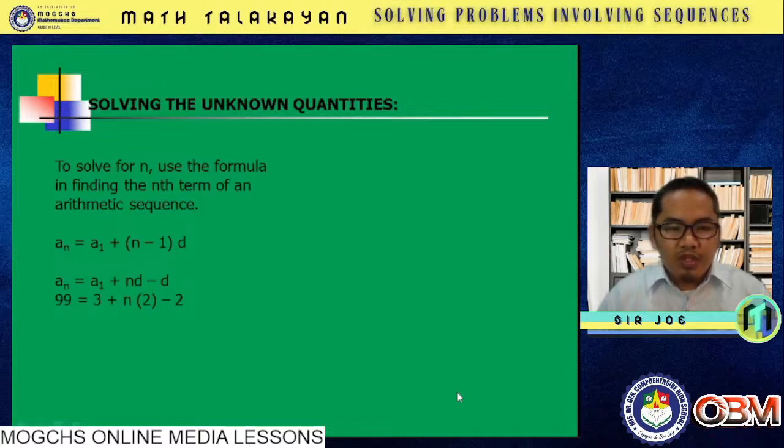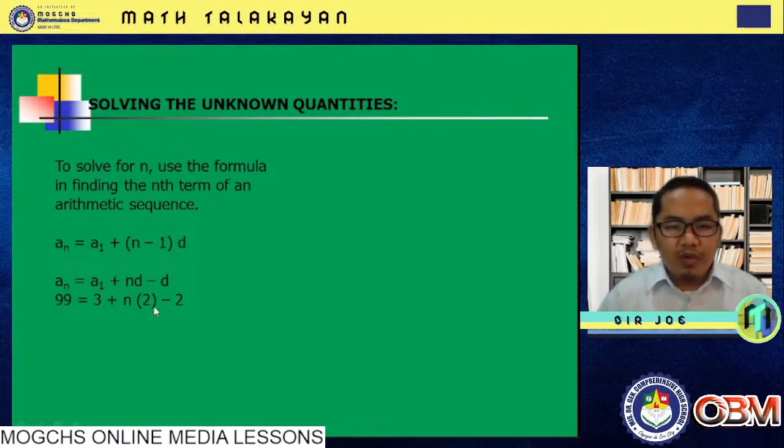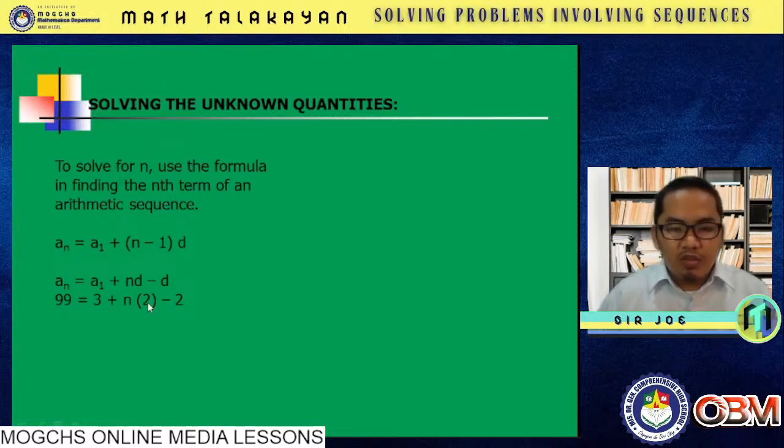So by substitution, our nth term is 99, our first term is 3, and our common difference is 2. 2n is equal to 98. 98 divided by 2 is equal to 49.